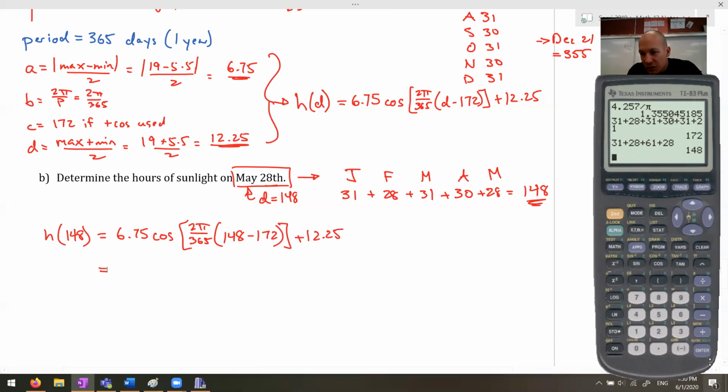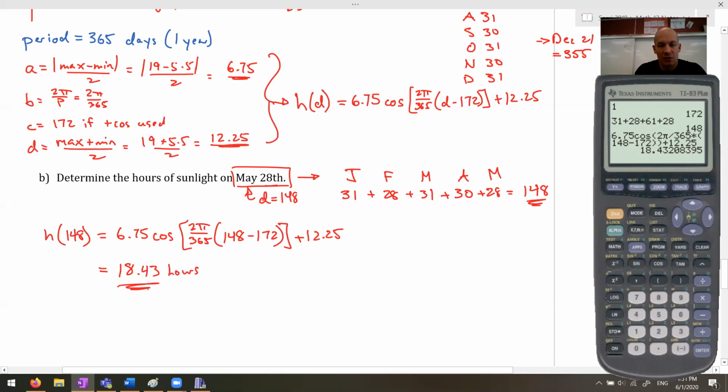Okay, so entering that is just a big punching of numbers. 6.75 cosine 2 pi divided by 365, and then multiply by, in brackets, 148 minus 172. Close that all up, and then close up the second set of brackets and add 12.25. When you push equals, you get yourself 18.43 hours.